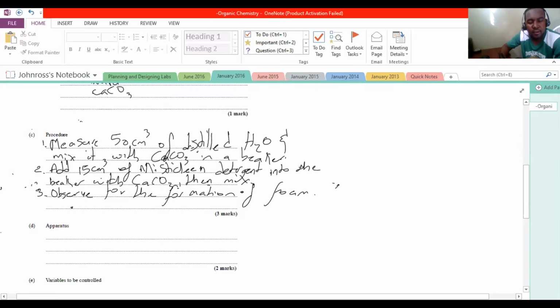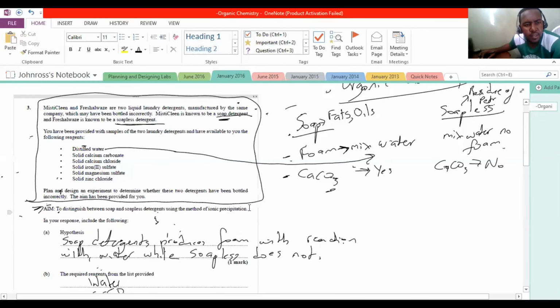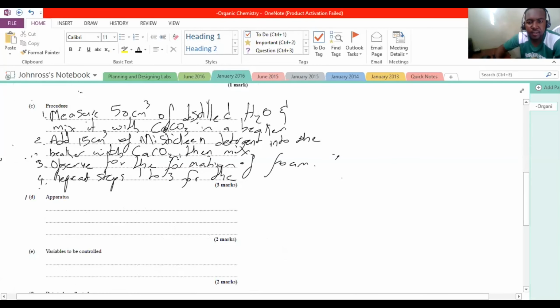All right, and then our last method step would be, we did it for one reagent type, so we're going to repeat steps 1, 2, 3 for the next detergent, which is Fresh Always. For the Fresh Always detergent. And that's your method.